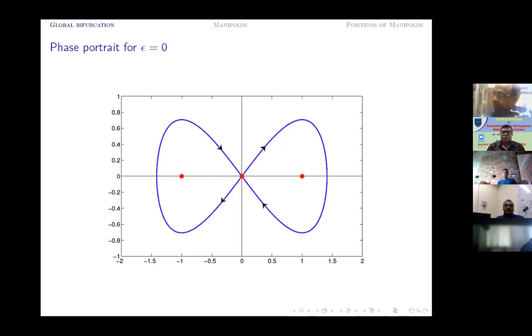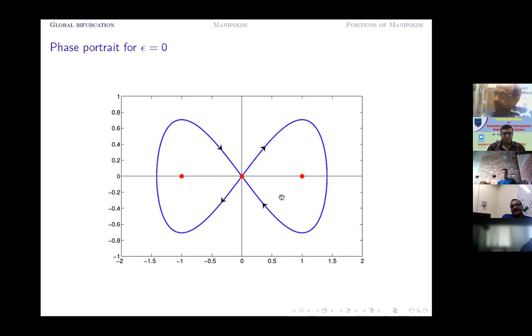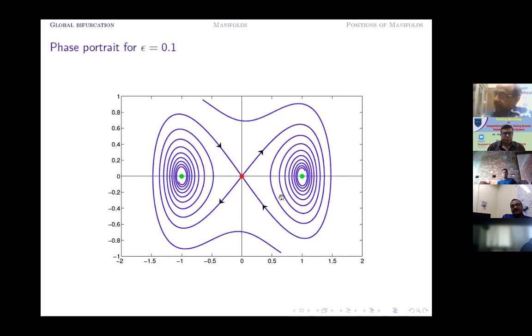If you look at those manifolds quite clearly, maybe you miss the value epsilon equal to 0, but what you can see is that earlier these particular stable manifolds were coming from these two equilibrium points, and in the next case, when epsilon is greater than 0, the unstable manifold of the saddle point is going to converge to this equilibrium point.